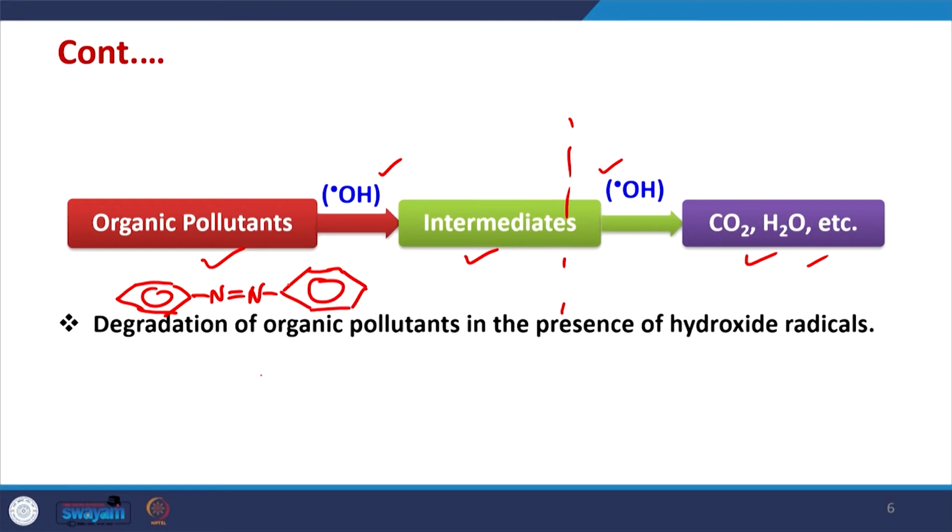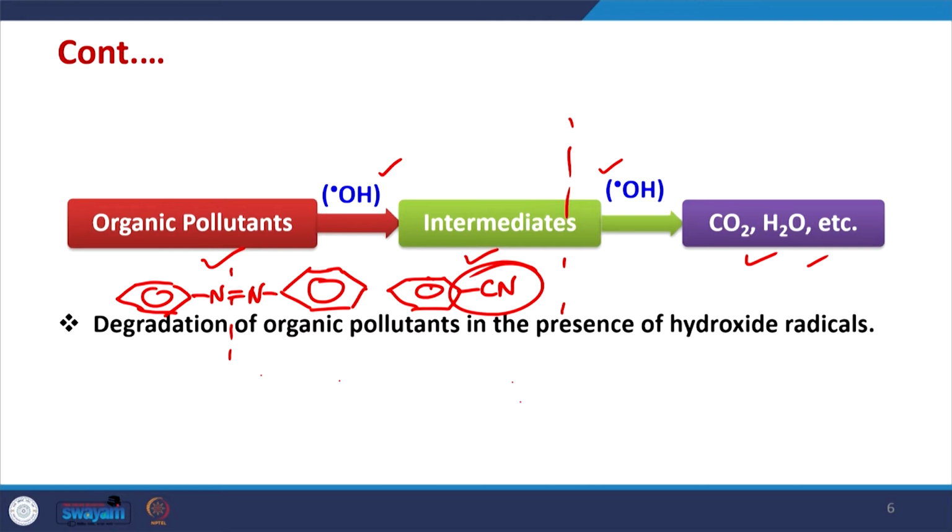Now, if it breaks only partially, we may have some compounds which will have this CN group, tentatively writing here, we may have some group like this. If a cyanide group or any nitrile group is present, they are in fact more toxic than the parent compound.